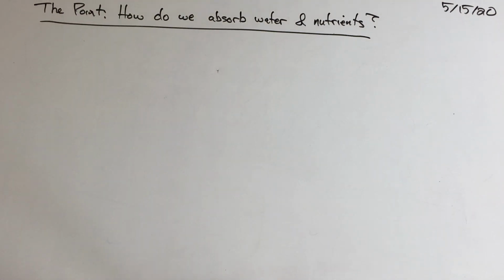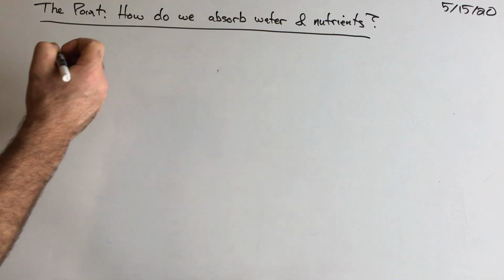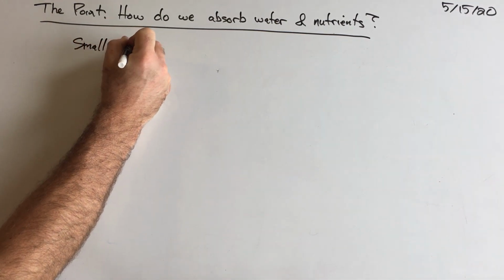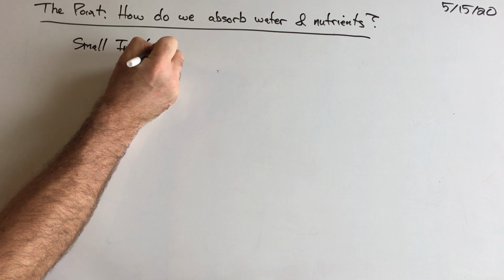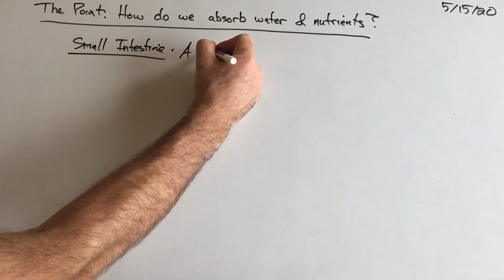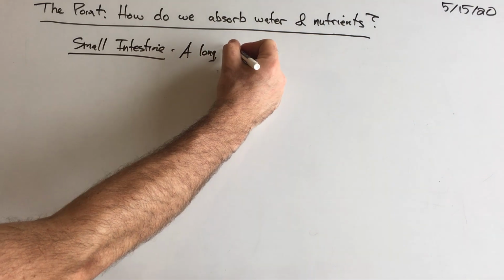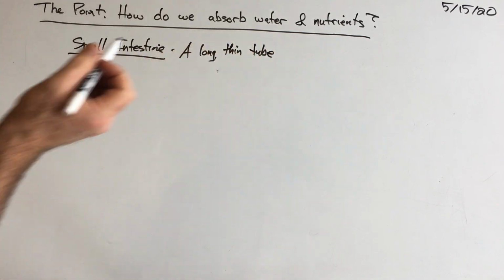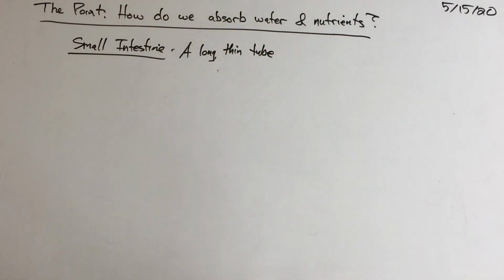And we have two notes today. So the first note is small intestine. A long, thin tube. Now it's called the small intestine because it's thin. It's not very wide.